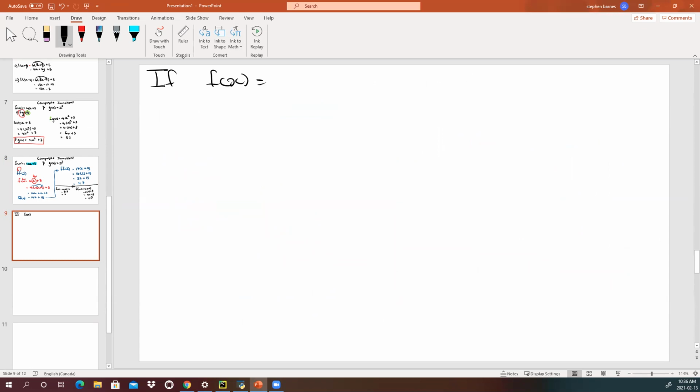f of x equals 3x plus 2. And then g of x. So this question now, Shauna, is the reason why you must learn to work out the composite function.